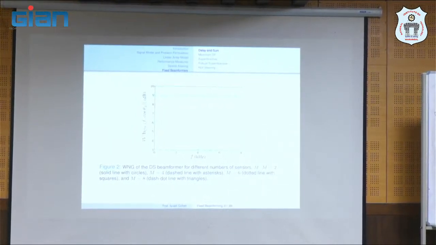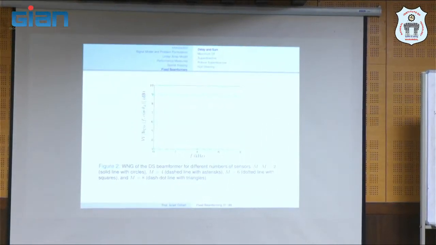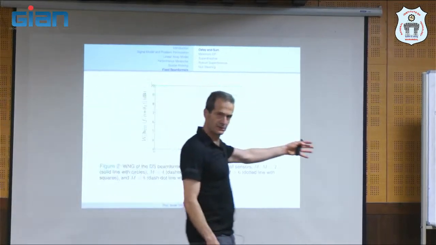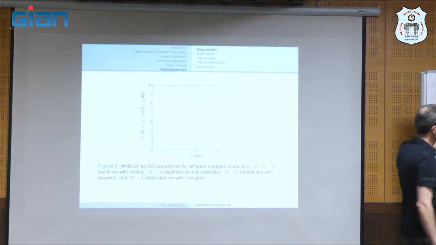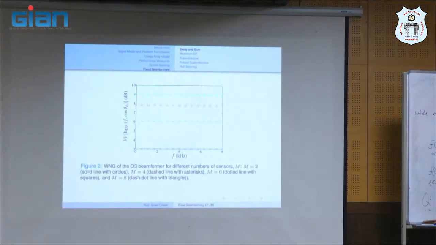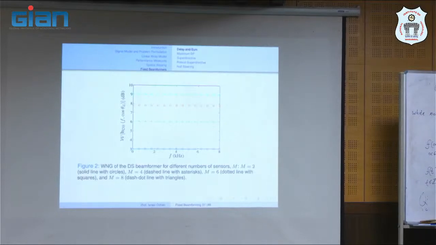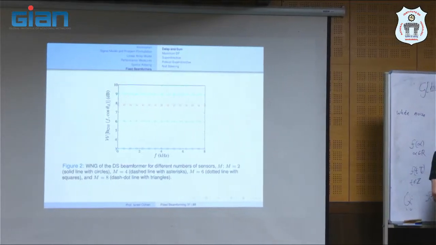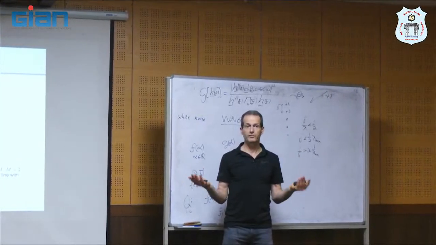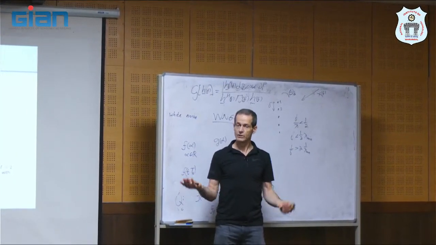If we use M sensors with the same level of thermal noise in each, and we take the average, what happens to the average of the variances?